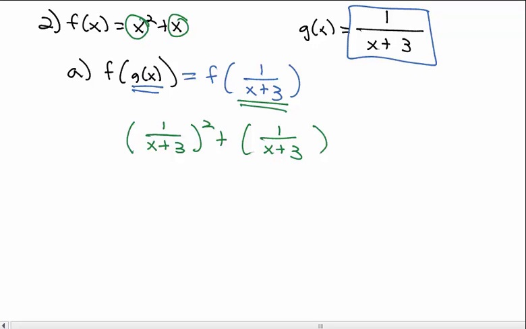We could stop there. Let's do a little simplifying, though, just to practice our algebra with fractions. Squaring both top and bottom, we have 1 over x plus 3 squared plus 1 over x plus 3. To get a common denominator, we need another x plus 3 factor. Let's go with a different color.